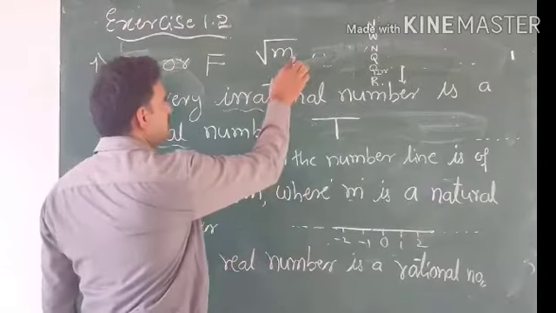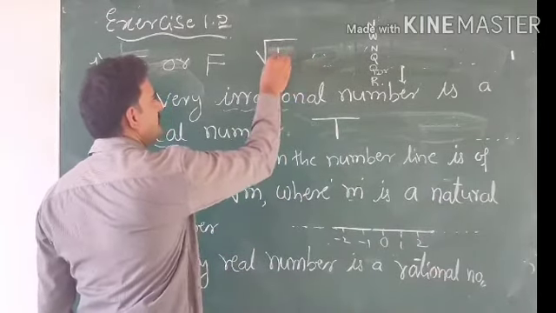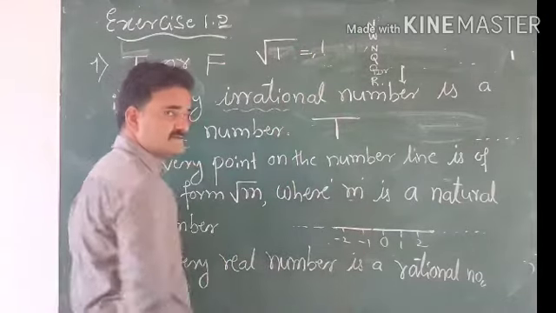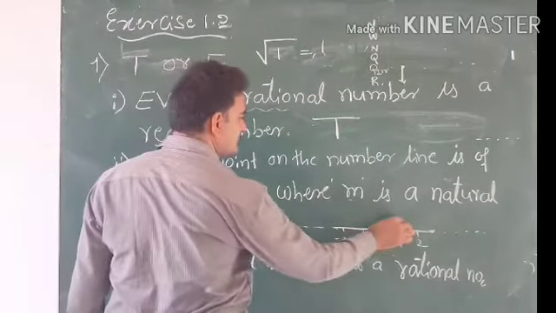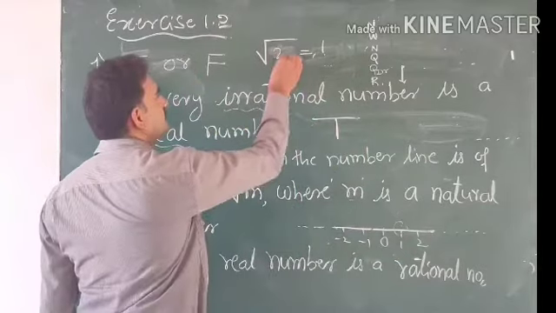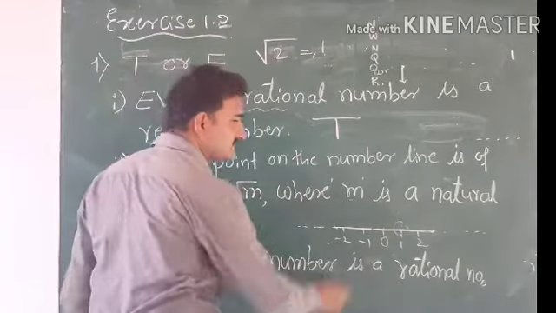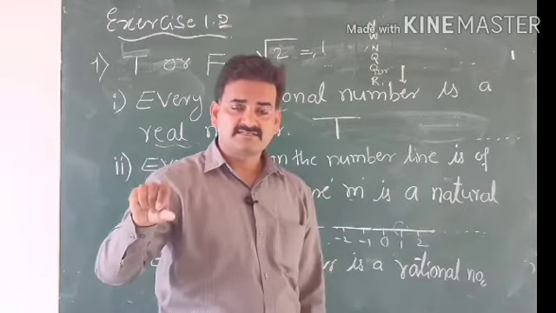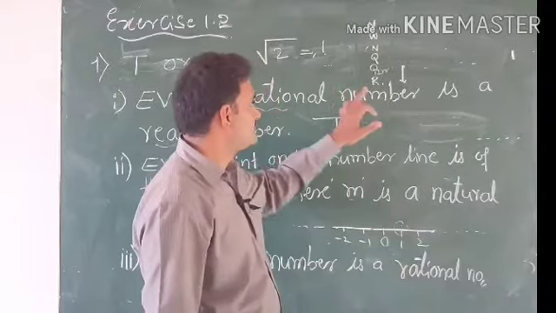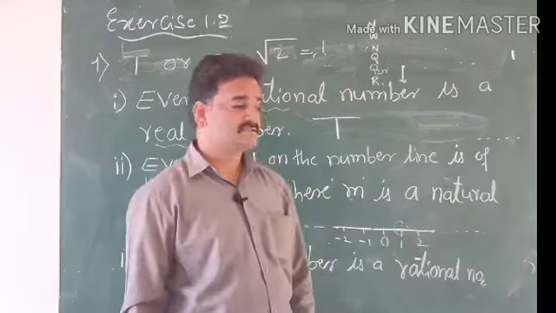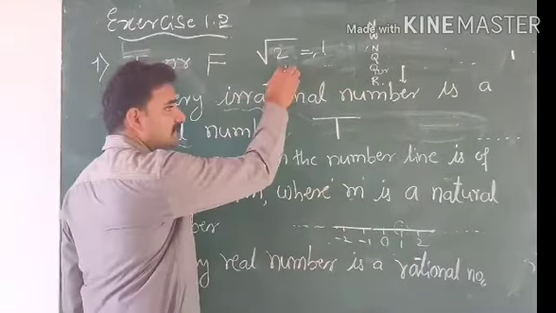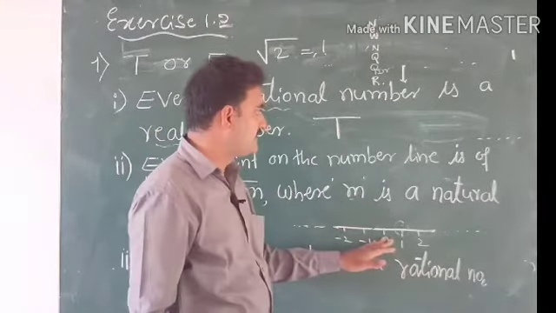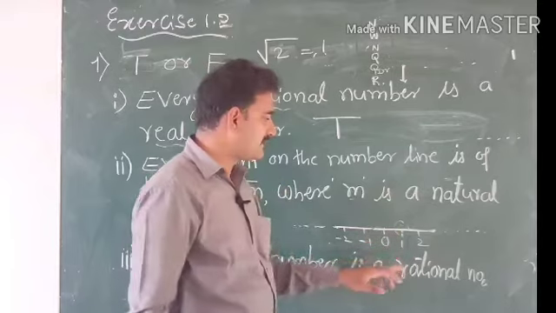Now m is a natural number means if I put 1, root 1 is 1, I can plot. Yes, 1 is here. If I take 2, that is by taking compass and the construction is there. Root 2, how to construct root 2, we will discuss in the next. Root 2 we can plot on the number line.